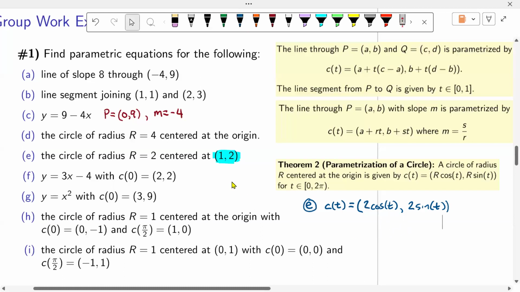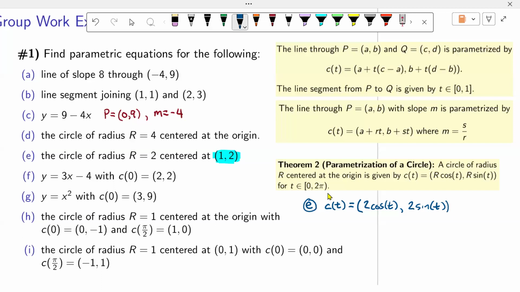How do we sort of pick up this circle that's at the origin and move it so that it's centered at 1, 2? Yeah, Zach. No, not quite. You will get a circle, but it won't be at the right spot. I'll tell you.